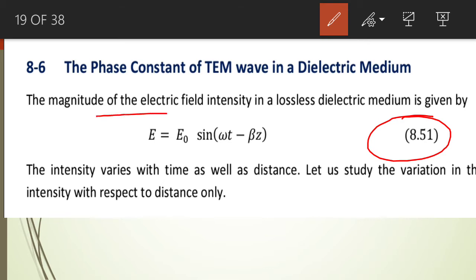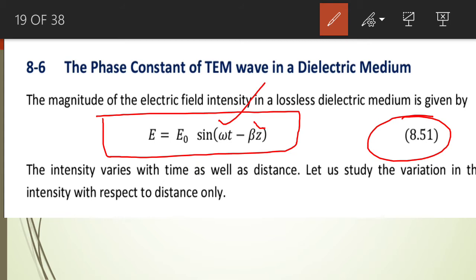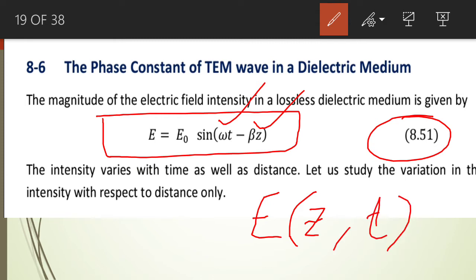So here is the magnitude of the electric field intensity in a lossless dielectric medium, and it is changing with respect to time as well as distance. We have studied the variation in the magnitude of the electric field intensity with respect to time. Now let us study the variation in the electric field intensity with respect to distance.